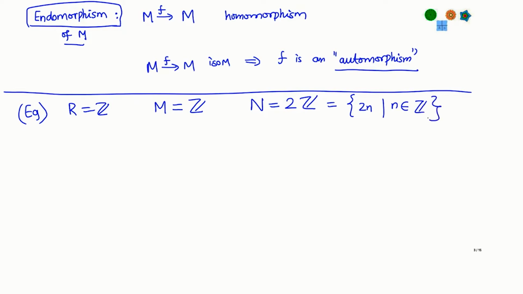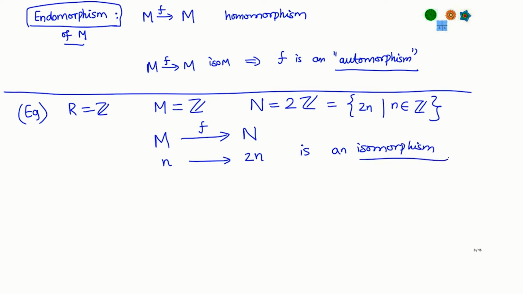This is a submodule of M. But observe that even though N is a submodule of M, M and N are actually isomorphic to each other. Here's an isomorphism. Consider the map n going to 2n.